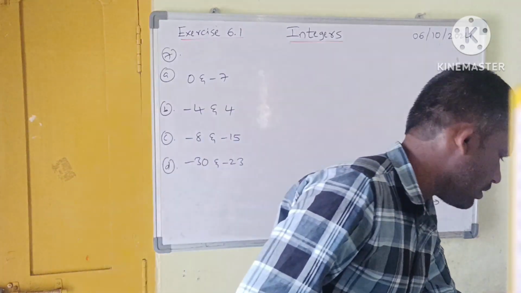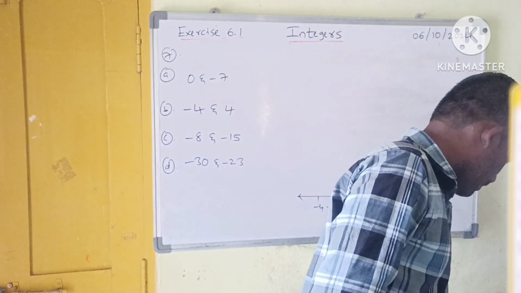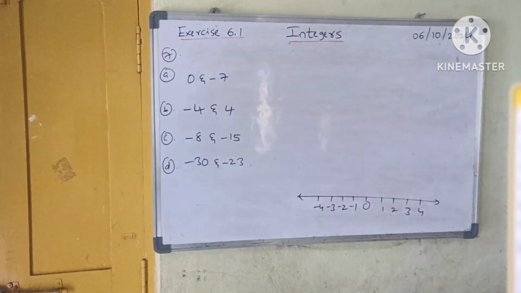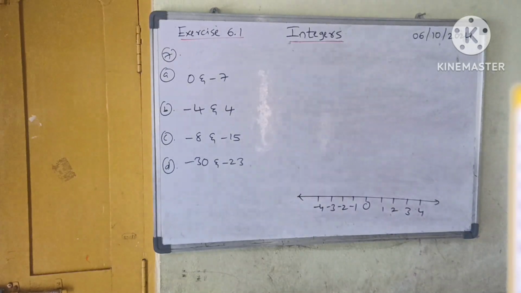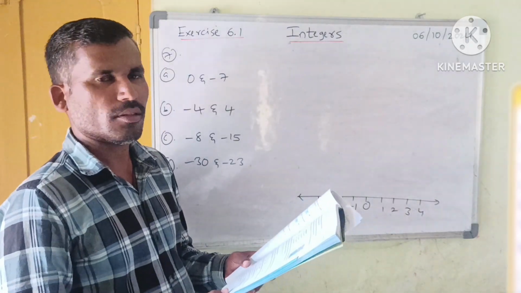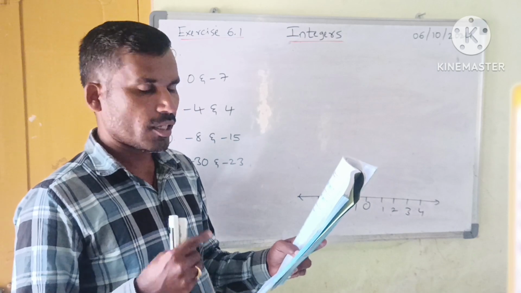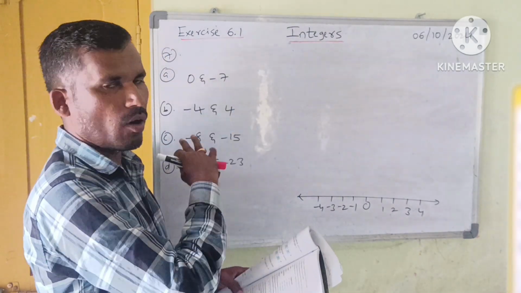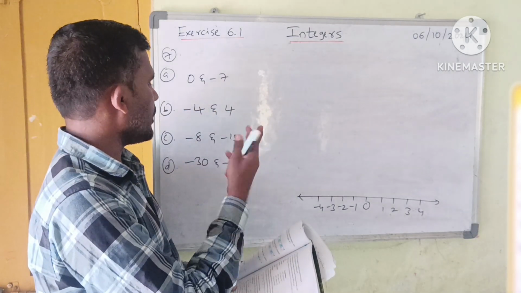We are given the pairs, so between these we have to write all the integers, positive or negative, all the numbers.